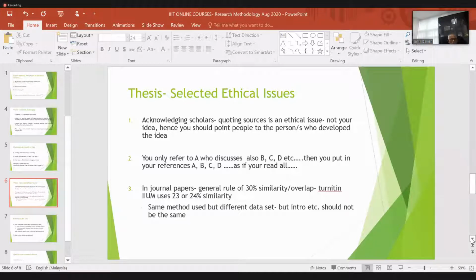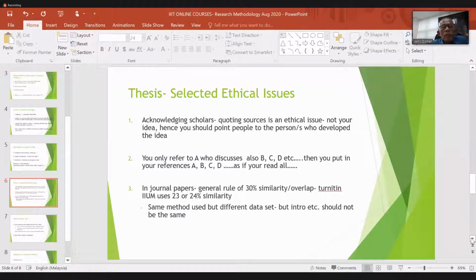And if you don't quote the original source, then you are misleading people to think that it is your idea, right? And if you don't know about that idea, you are actually doing injustice to knowledge. So I look at it as an ethical issue, why it is very important for us, yeah, to acknowledge the scholars and to quote whoever it is that you are referring to.